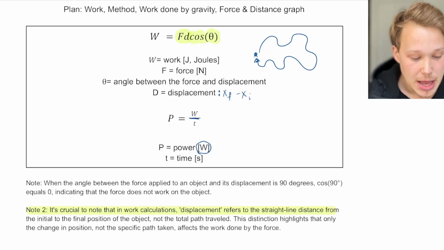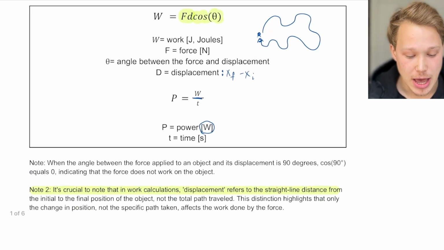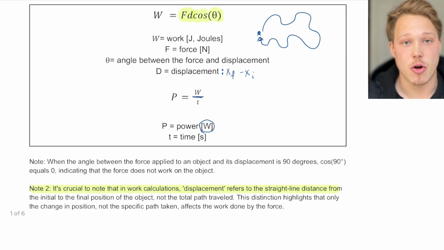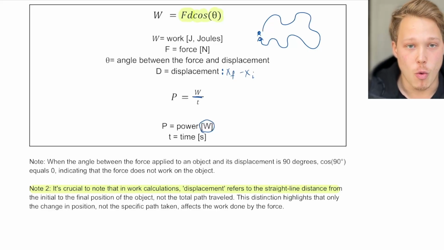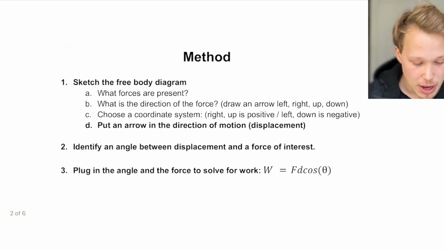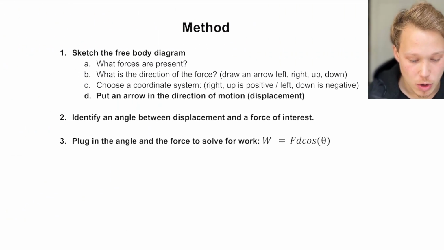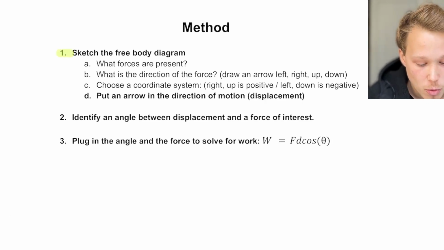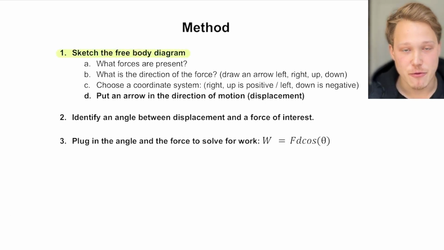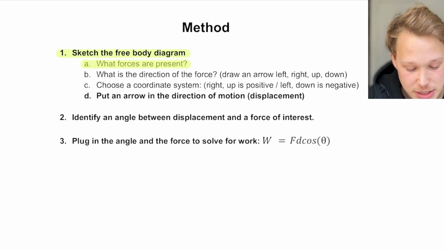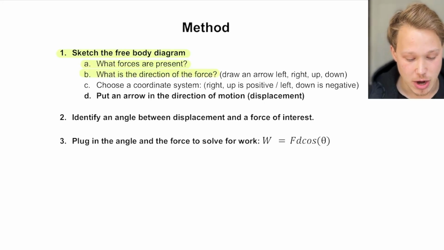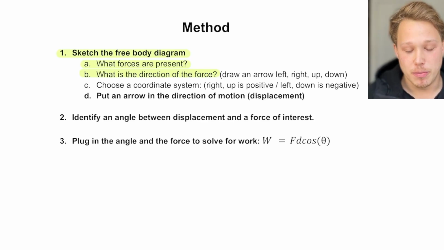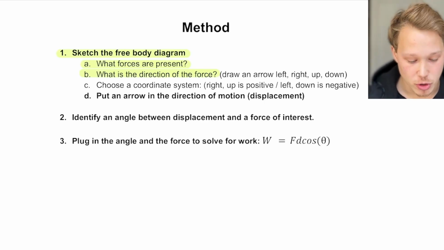All right. Now let's take a look at the method, a step-by-step instruction for solving work-related problems. Essentially, our first step will remain the same as in the Newton's laws problems. We will sketch the free body diagram and figure out what forces are present and where they are directed. Some of them will be to the left, right, up, or down.